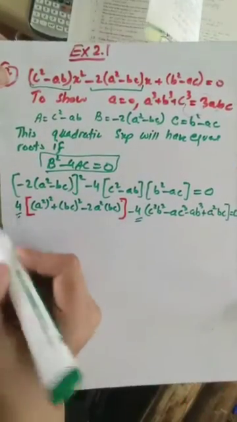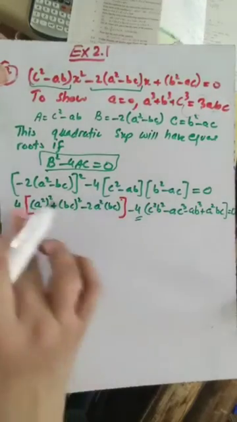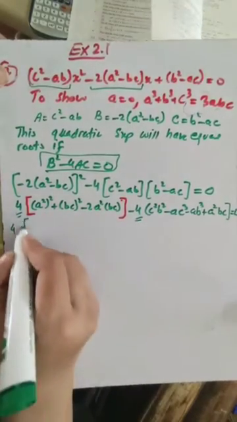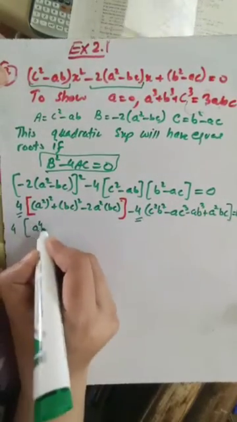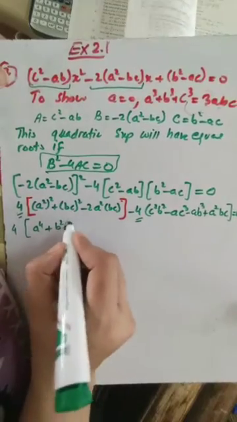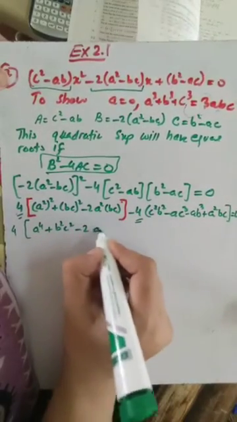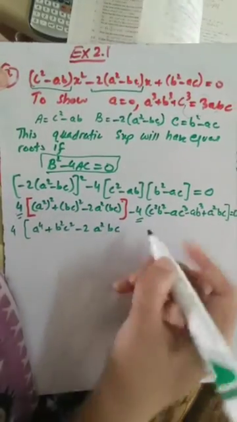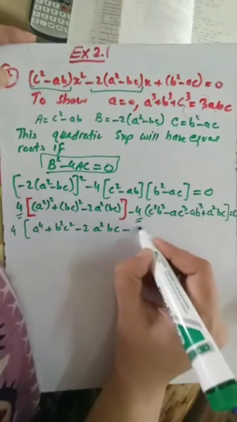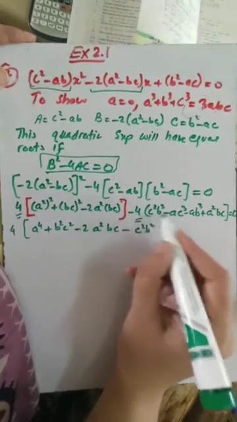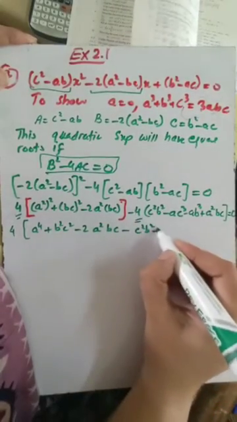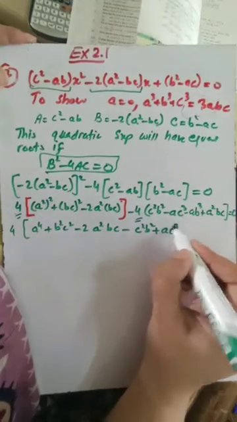Now you know that 4 is here as well as here. I am going to take 4 common. Okay, and what we are going to get, a to the power 4 plus b square c square minus 2 a square bc, and over here minus ac cube, multiplying this negative sign as well, I am going to get ac cube.